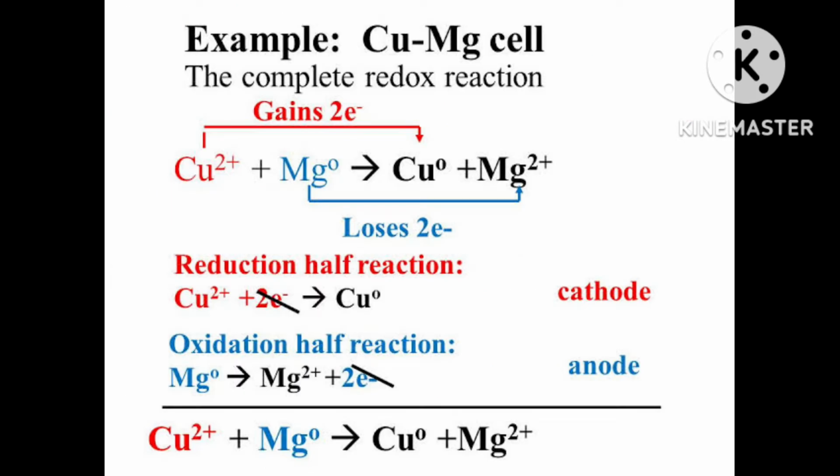Very simple way. Then you can understand very easily: suppose a reaction is going on between Zn and copper sulfate, or Zn plus copper ion. Then Zn will lose the electron, means Zn will oxidize.